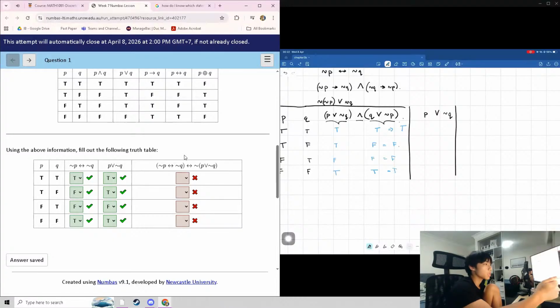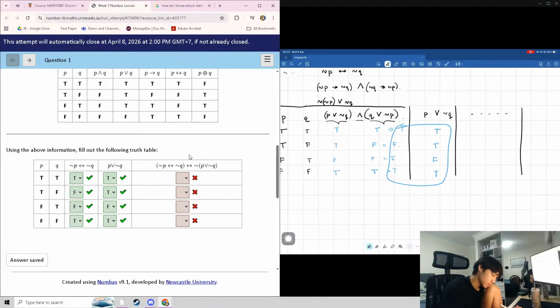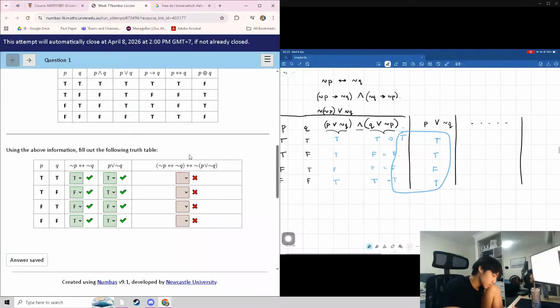This is the implication of what we've already found. Right? So this big number is both of this. Is T, T, F, T, and T, F, T. And because this is an if and only if statement, it's an and statement.